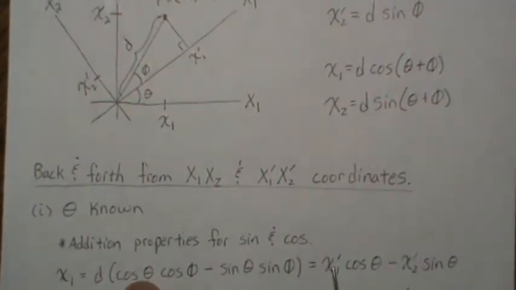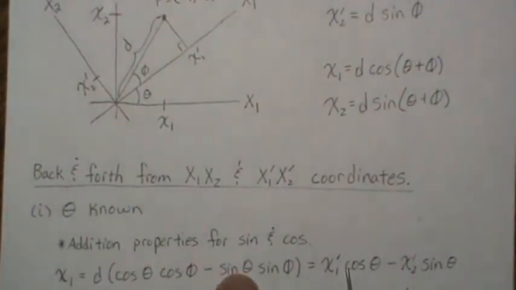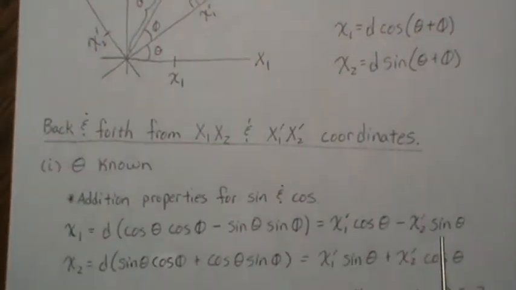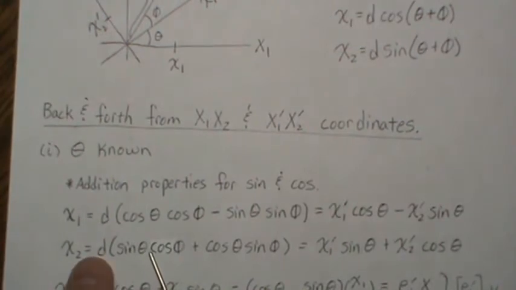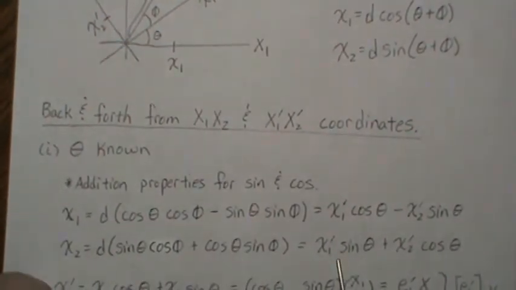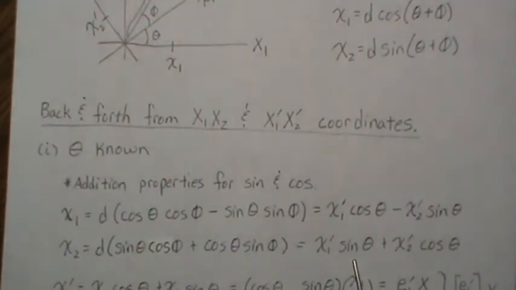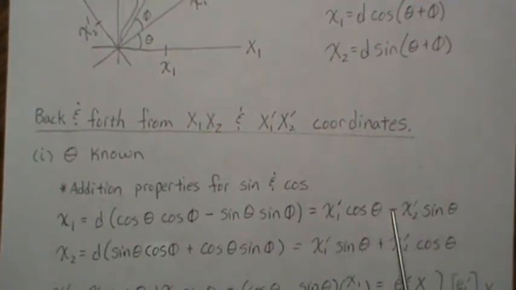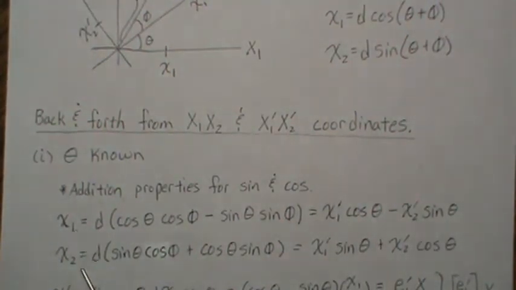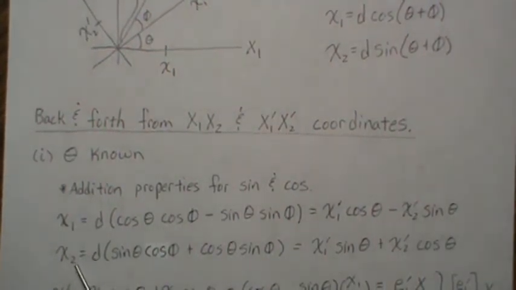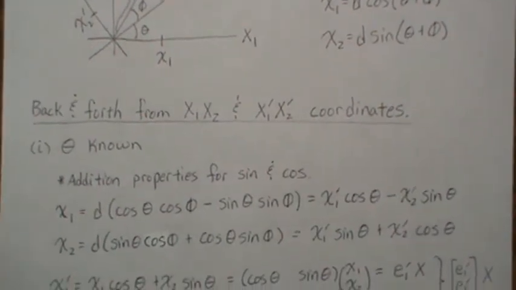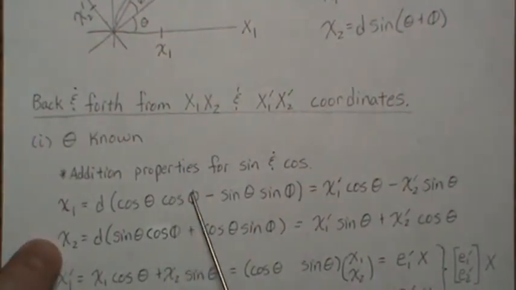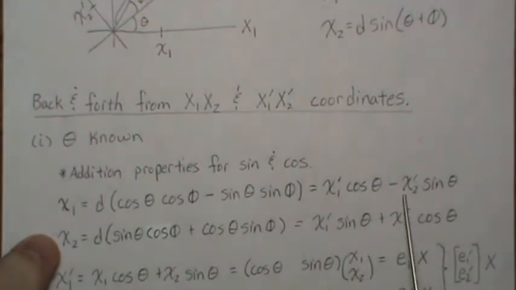So this becomes this, and when you multiply the d into that, it's x2 prime sine of theta. The same way here, the d multiplies in, and then you get x1 prime times sine of theta, x2 prime cosine of theta, and that's it. So if you know the coordinates in the rotated axes, you can find the coordinates in the unrotated, or original, axes.